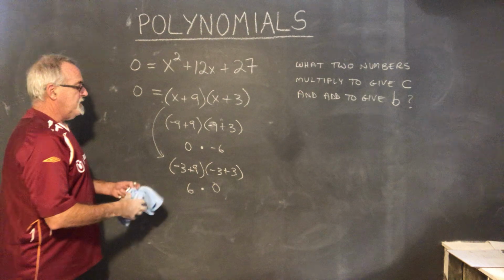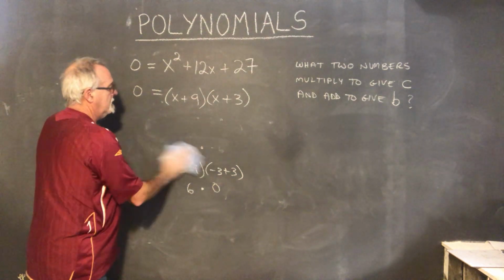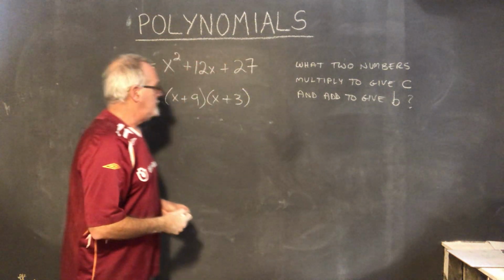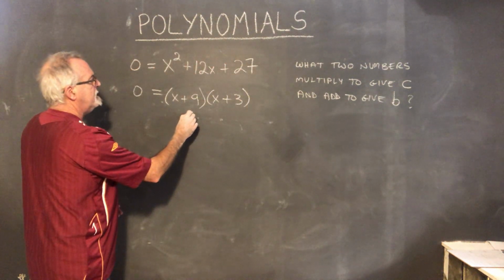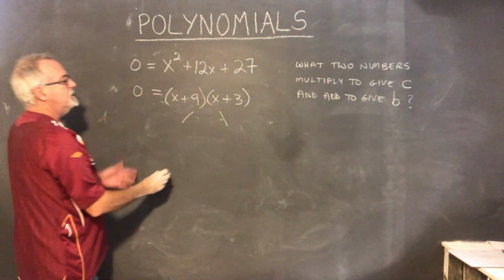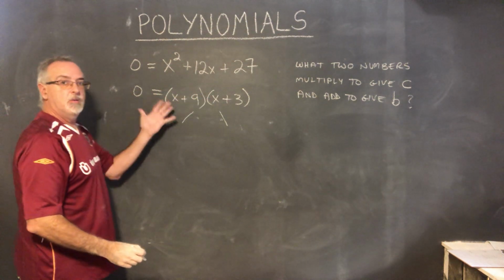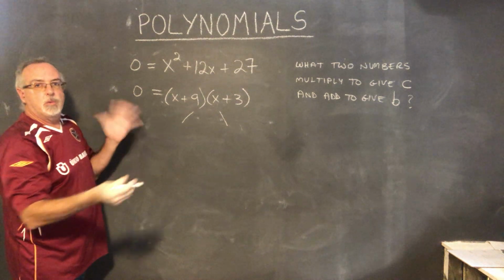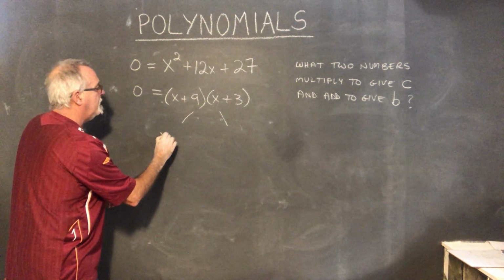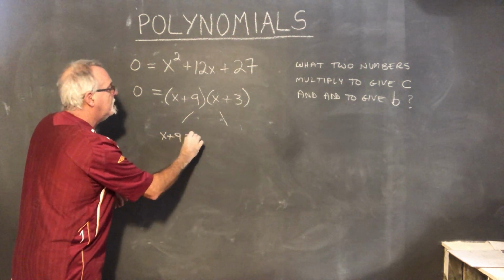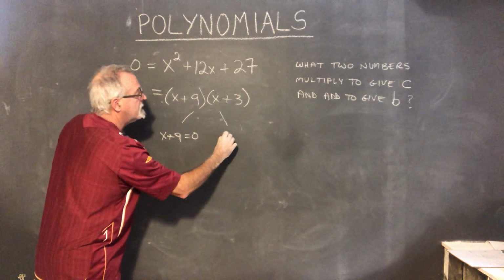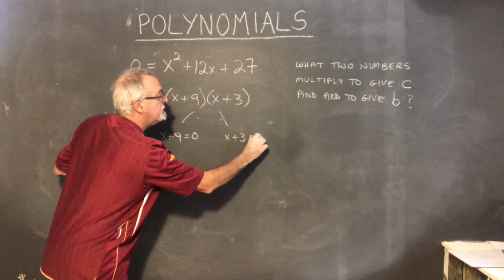So what's a better way of showing that? That's a big mess. I show it with what I call the split. We're going to split these. You know one of them has to be equal to 0. So which one is equal to 0? We have a choice. So we can say, oh, well, if we have x plus 9 equals 0, and if we do x plus 3 equals 0.